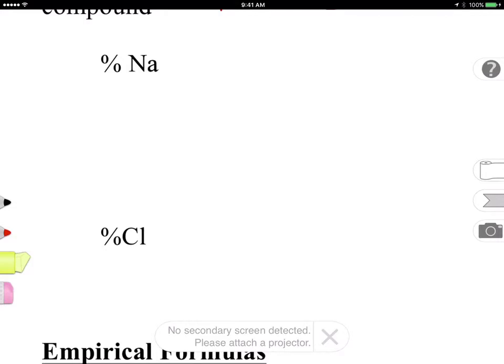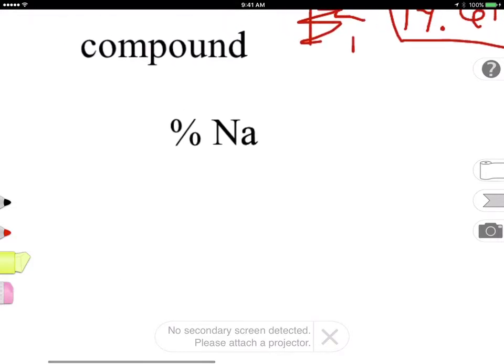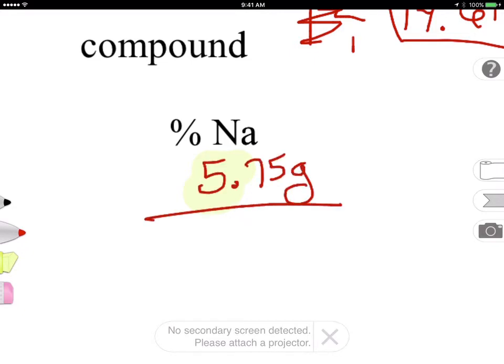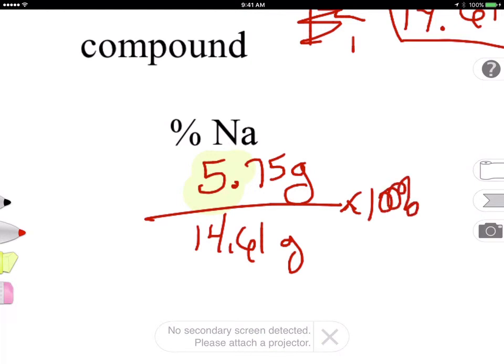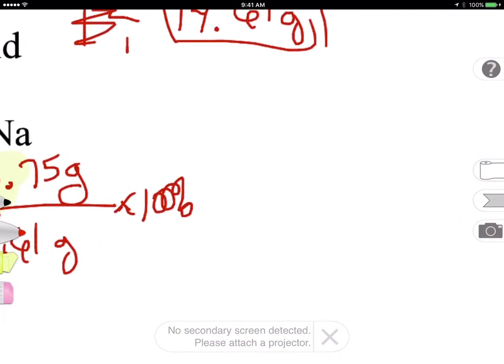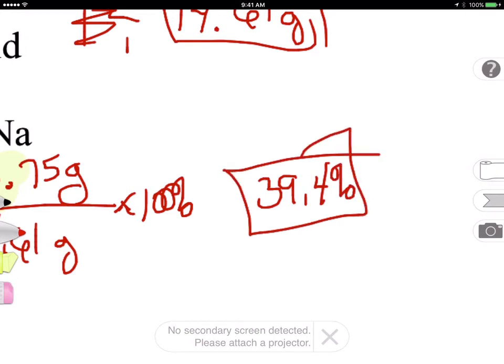So I've got 5.75 grams divided by my total, which is 14.61 grams. And then also, again, we're multiplying by 100%, and we're going to get 39.4% for my sodium. And that's what I've got.